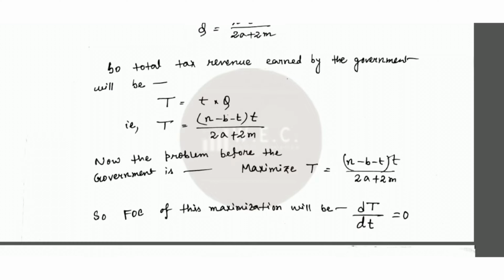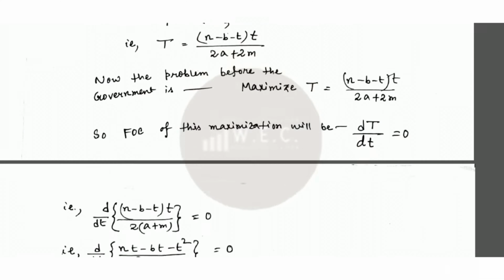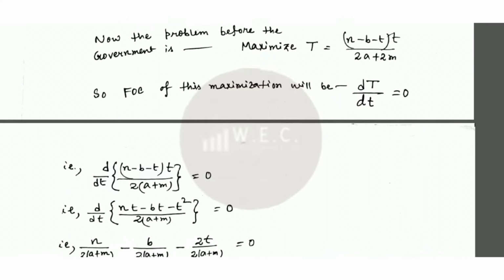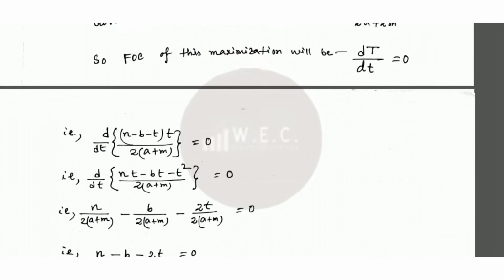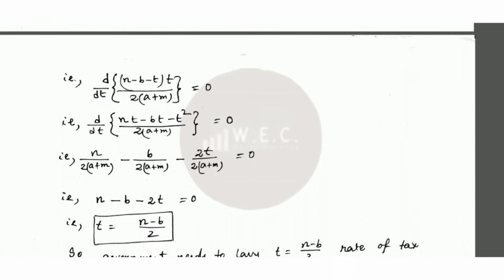Now the problem before the government is to maximize the total tax revenue. So the maximization first order condition is that the first order derivative equals 0, that is dT with respect to dt equals 0. That is, differentiating tax revenue with respect to tax per unit, we have to equate it with 0.